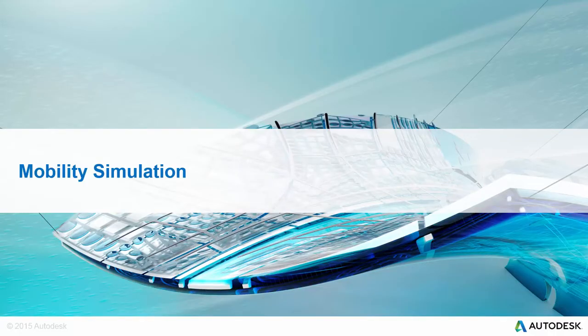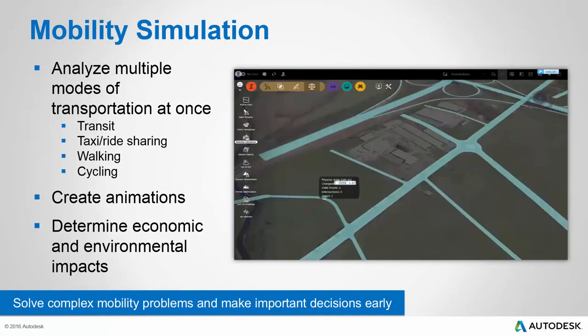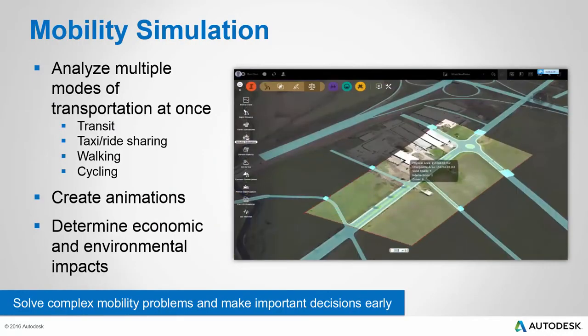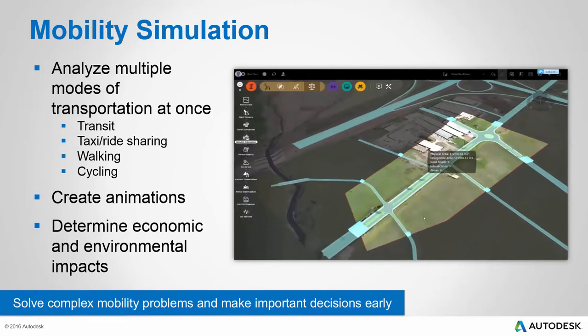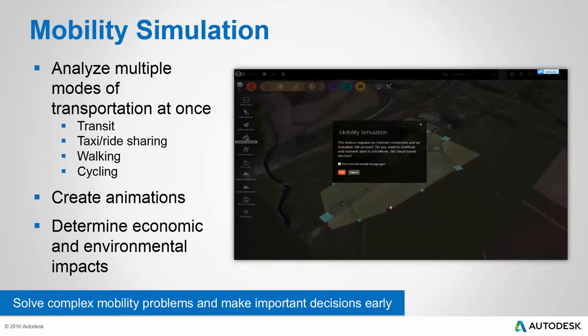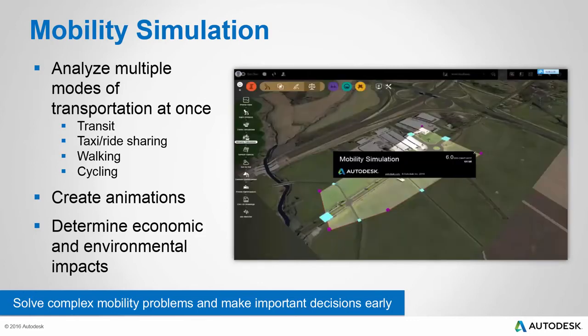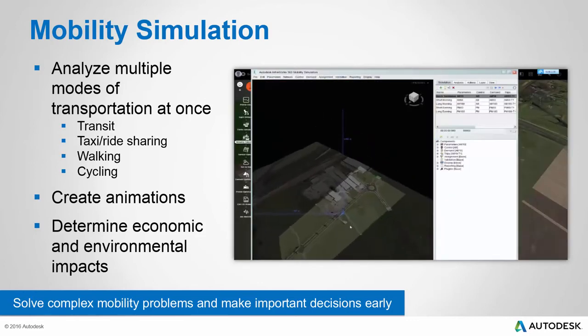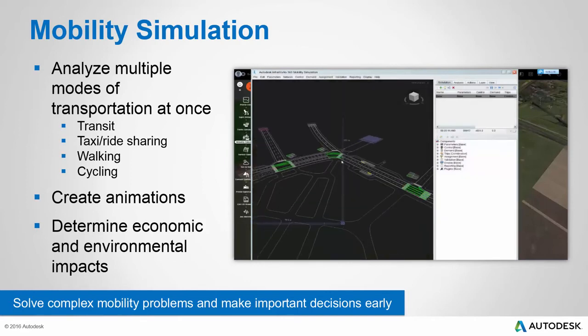Now let's talk about mobility simulation, the addition of an entire feature set in InfraWorks 360. With the mobility simulation tools, you are able to analyze multiple modes of transportation at once. This includes taxi, transit, ride sharing, walking, and cycling. With this analysis, you can create animations which allow you to communicate your results with others.